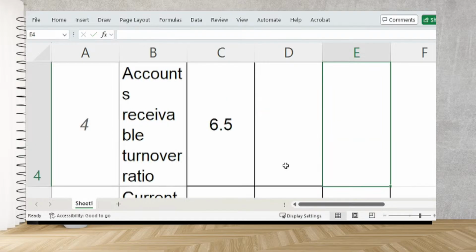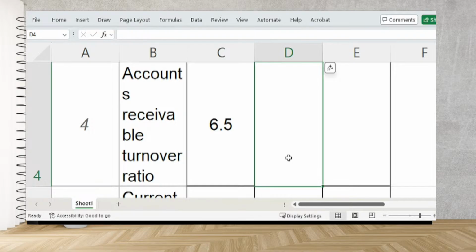Next, account receivable turnover. If I consider the 6.5 account receivable turnover, the debtors is 200,000.